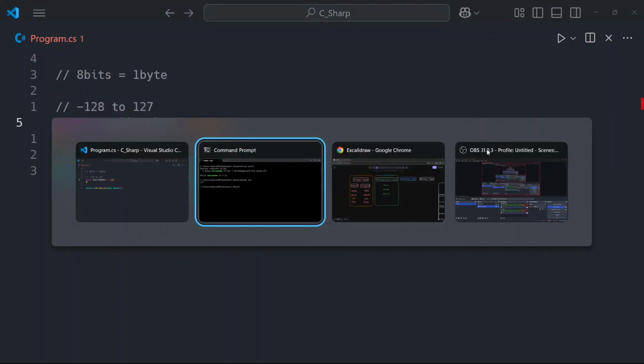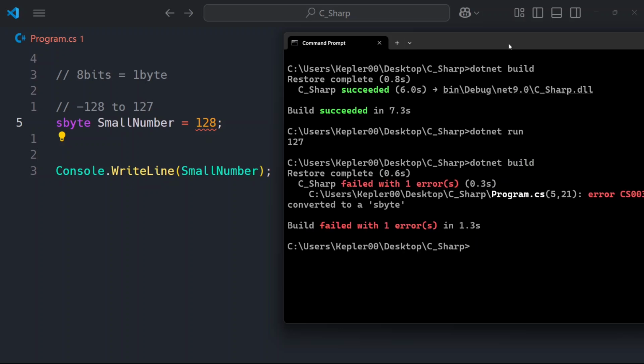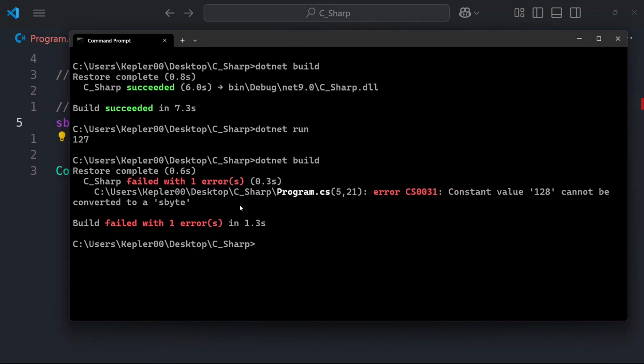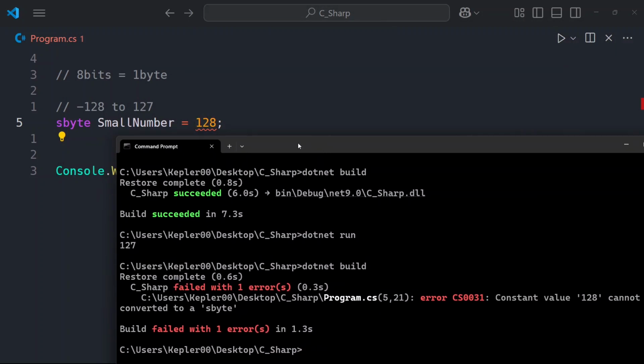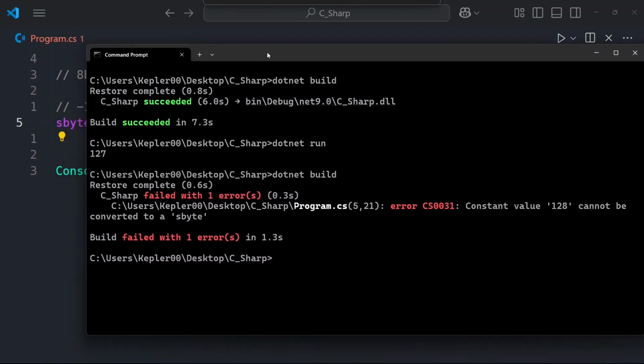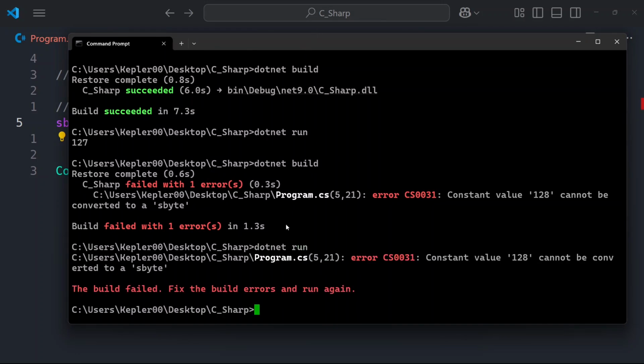So let's actually try to build it. It's not even going to build. And here, you need to understand, it failed with one error. Constant value cannot be converted to sbyte because once you go to 128, then you're no longer talking about sbyte. It is above the allocation.